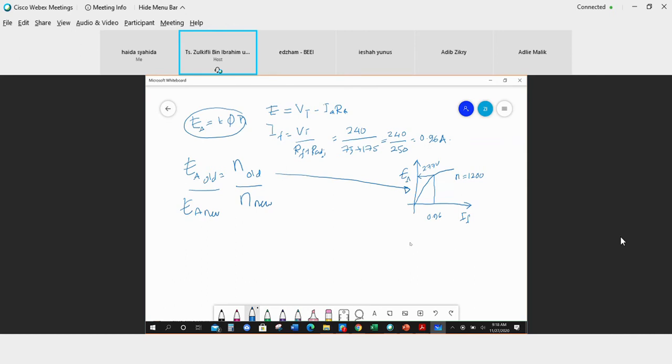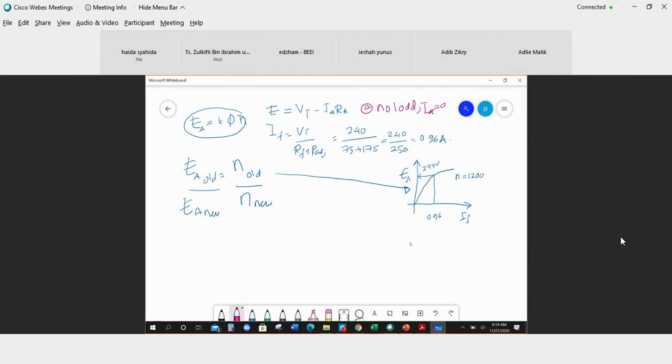And so at no load, remember the question says at no load, so I add additional here, at no load. If you look at the circuit, the IA must be equal to 0. There's no current flow, meaning the IA will be equal to 0.